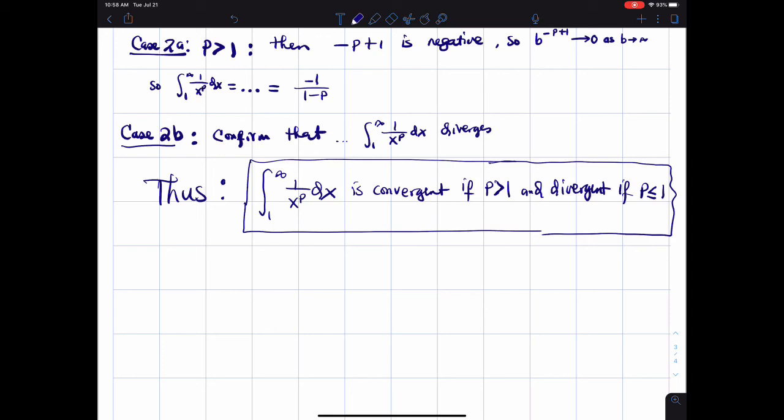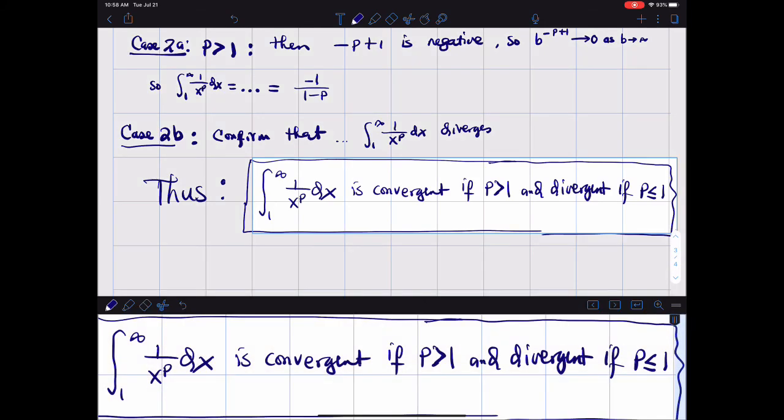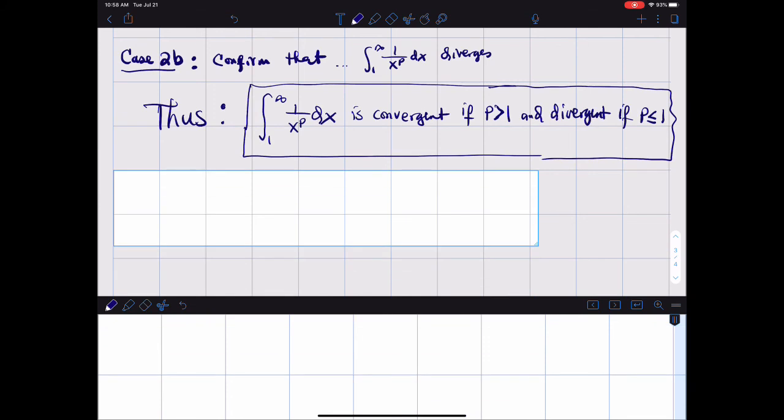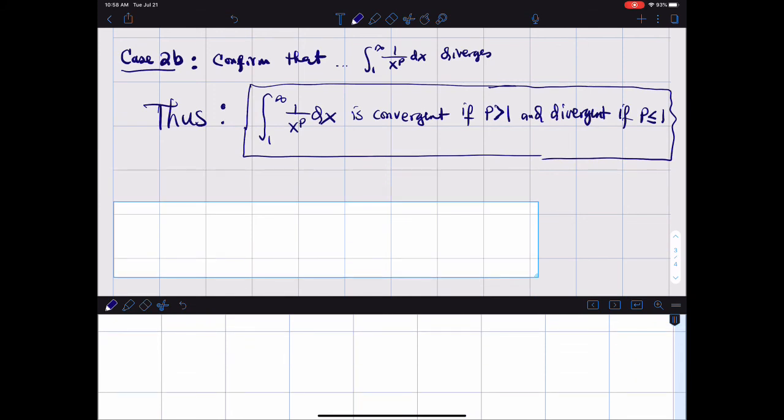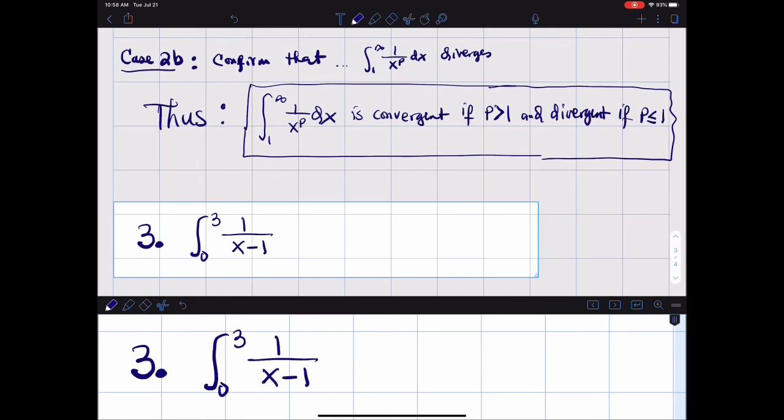All right. There's a problem I want you to try. It's an improper integral, but it doesn't involve infinity. So this is the integral from 0 to 3 of 1 over x minus 1.